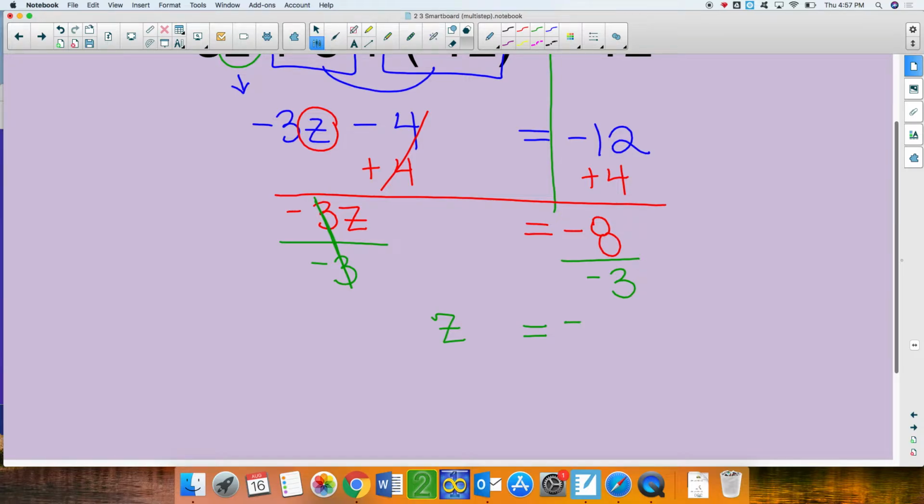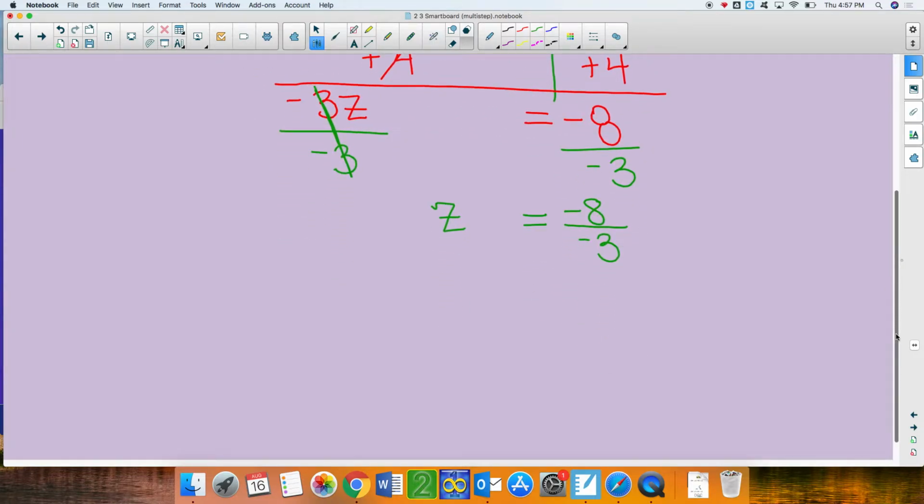So we're going to bring it down as is to start, and then we're going to see if we can simplify it. So you're asking yourself, is there a number that goes into an 8 and a 3? There is not, so I cannot reduce it. However, what we do know is that a negative divided by a negative is a positive. So my final answer is a positive 8 over 3.